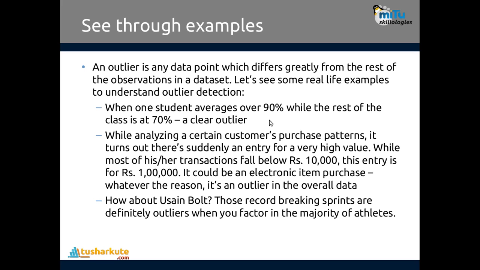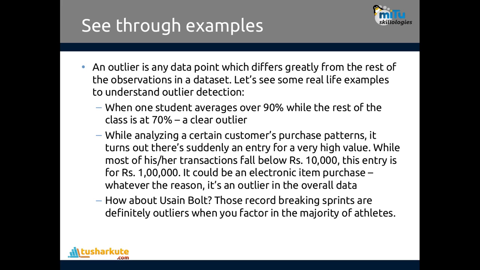When one student averages over 90% while the rest of the class is at 70%, that student is an outlier. While analyzing a certain customer's purchase pattern, suddenly there is an entry for a very high value. While most of his or her transactions fall below 10,000, this entry is for 1 lakh rupees.